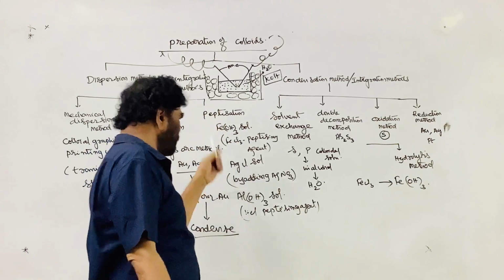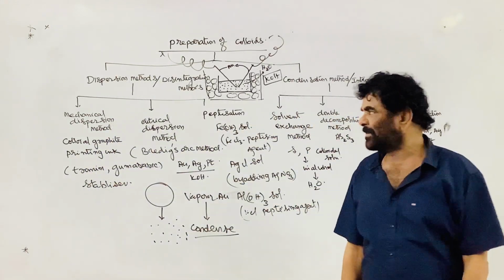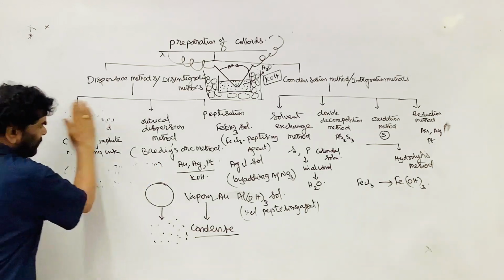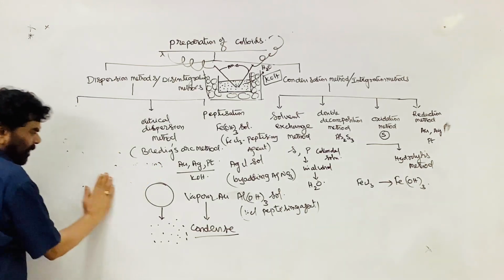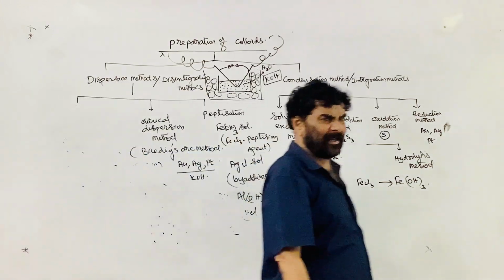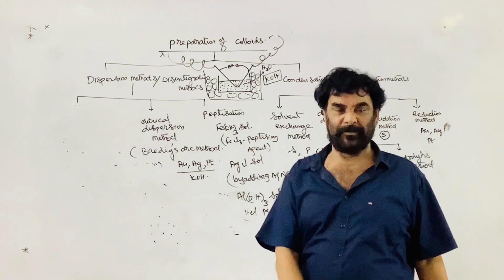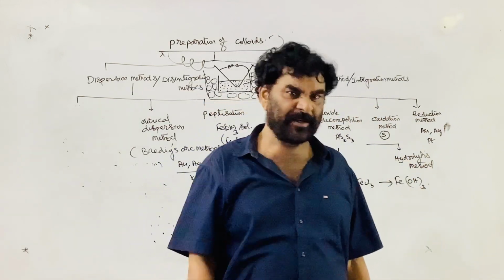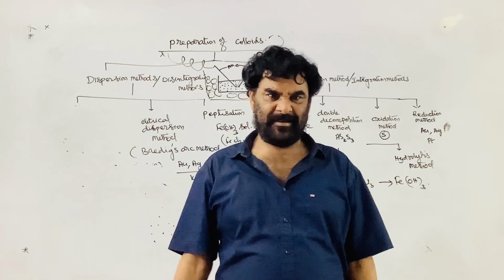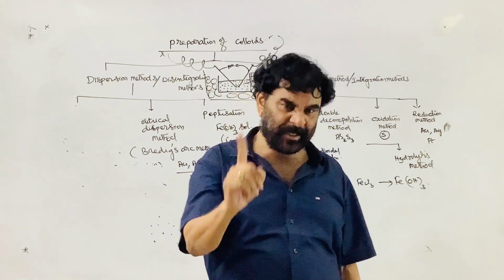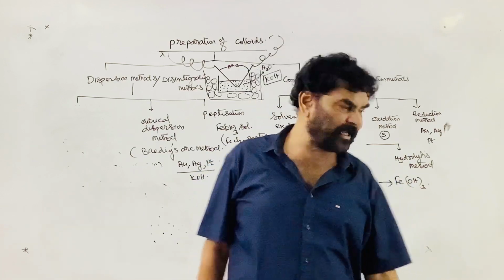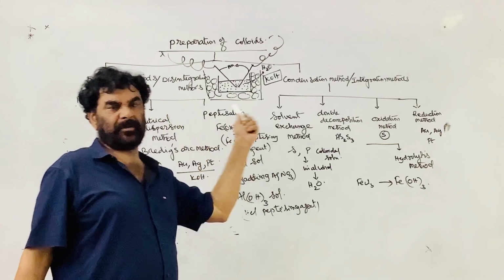Now the third one is the peptization process. What is this process? Peptization is nothing but the conversion of a precipitate, a suspension, into a colloidal solution.